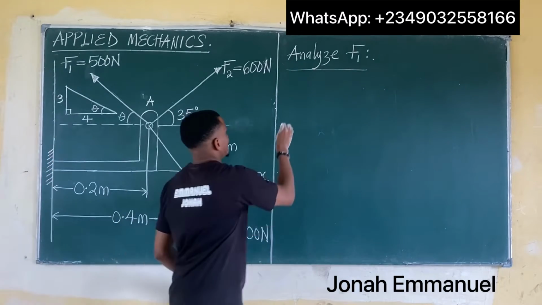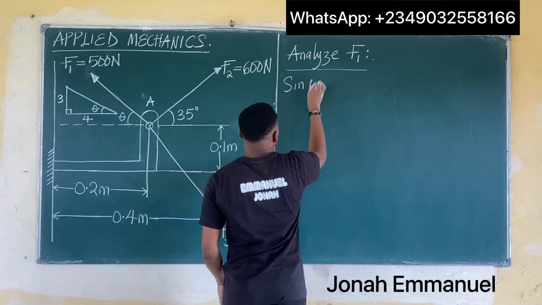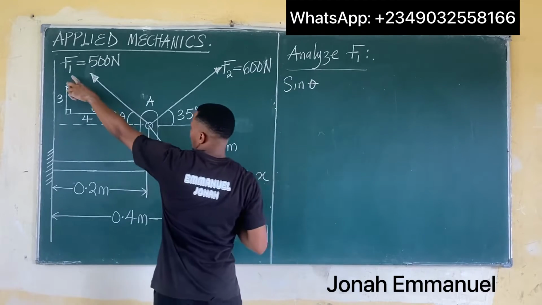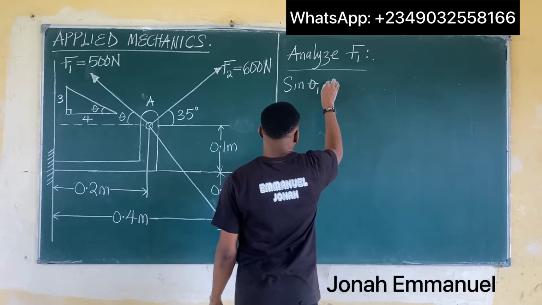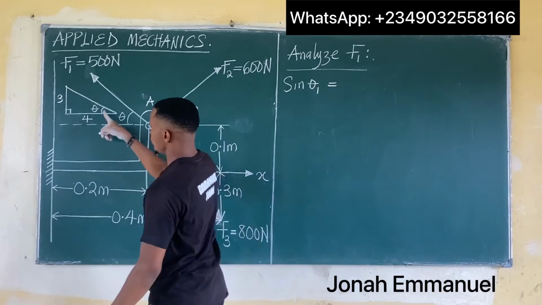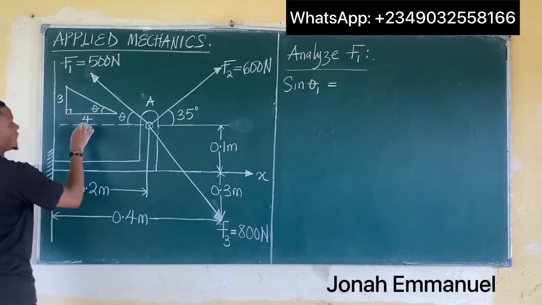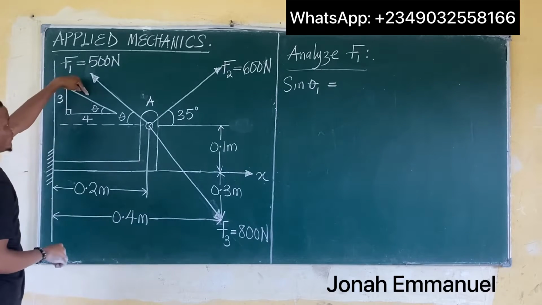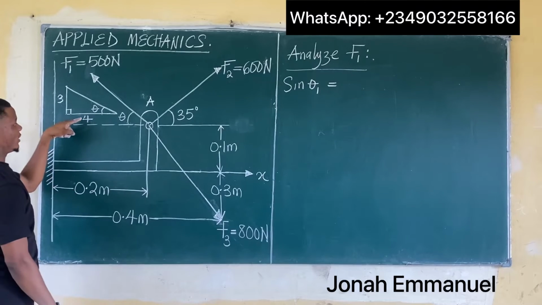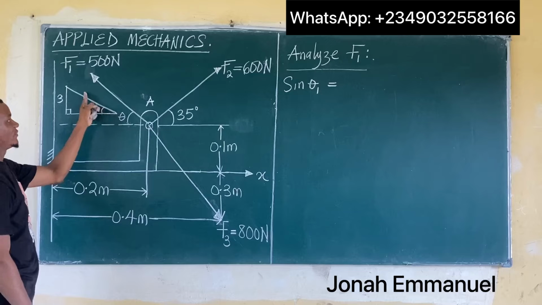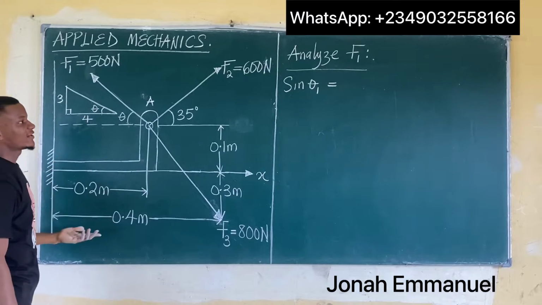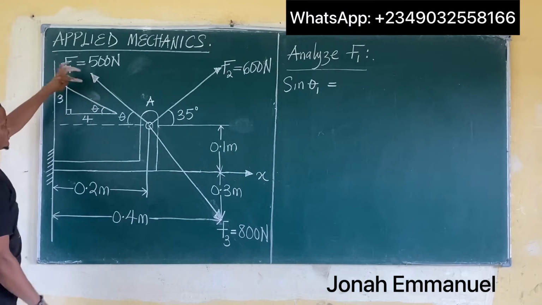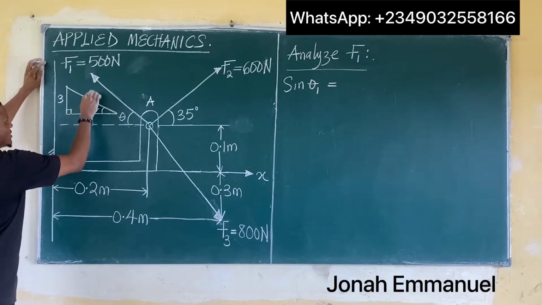From here, sine of theta 1, sine is opposite. So if here is 4 and here is 3, let's get this value here. To get this value, we'll have to use Pythagoras theorem. Let's call this x.